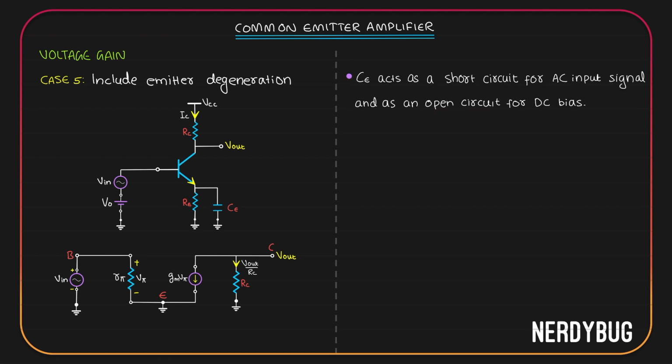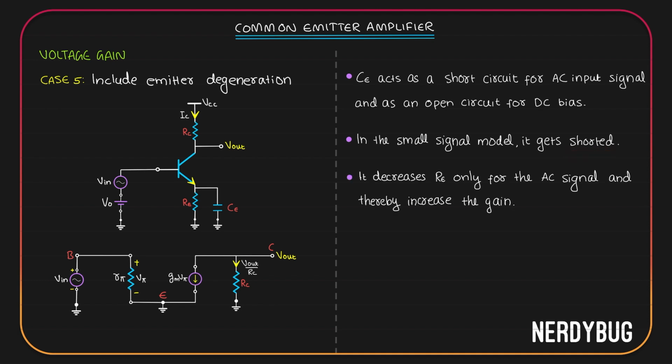The capacitor acts as a short circuit for the AC input signal and as an open circuit for the DC biasing. In the small signal model, our signal is AC, so it gets shorted. By shorting the capacitor, the resistor also gets shorted, so it decreases RE only for the AC signal and thereby increases the gain. The gain will now go back into minus gm times RC.